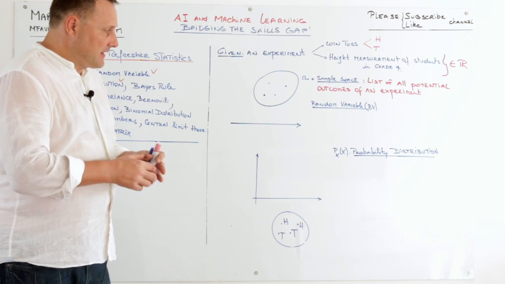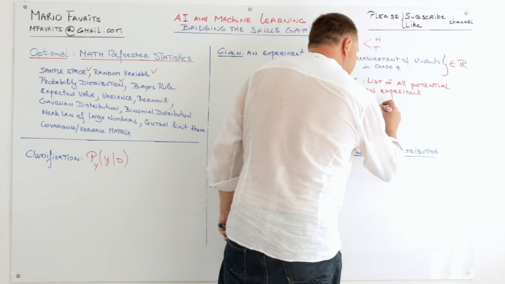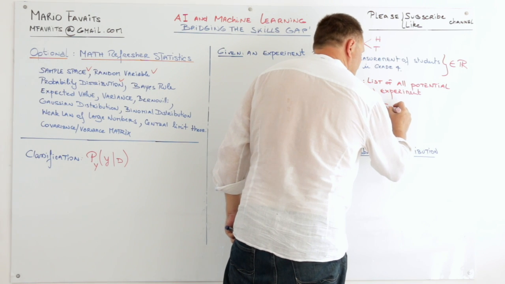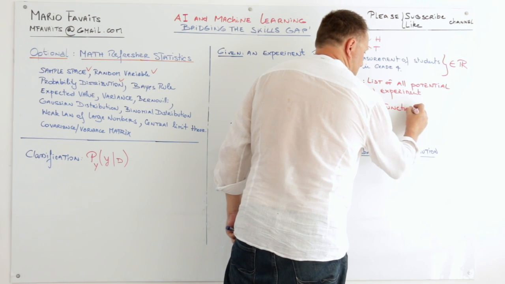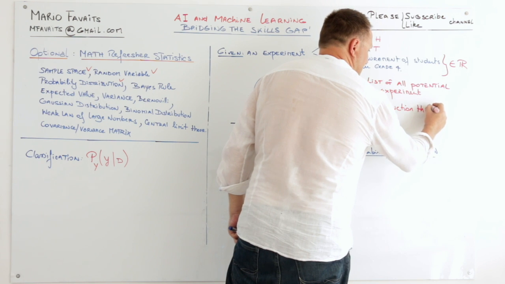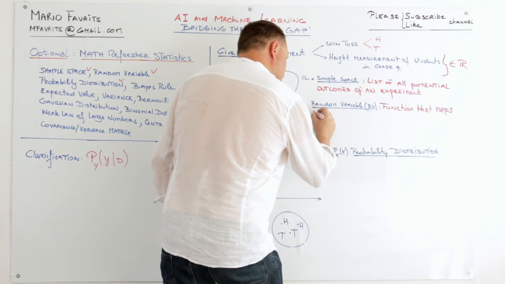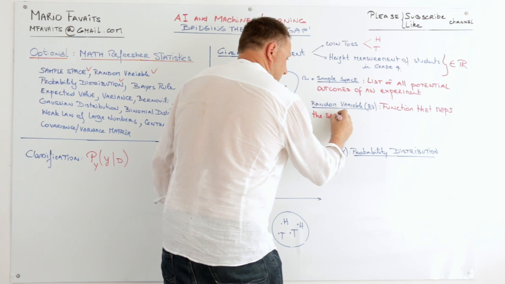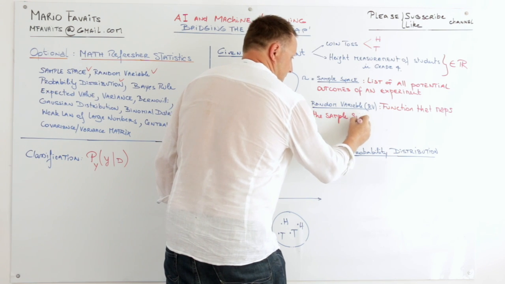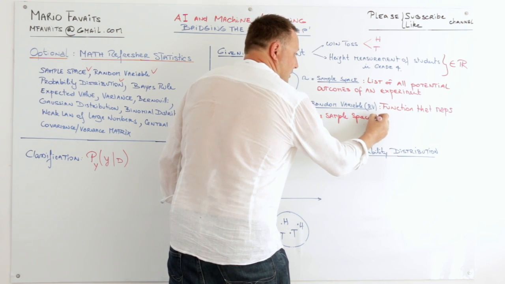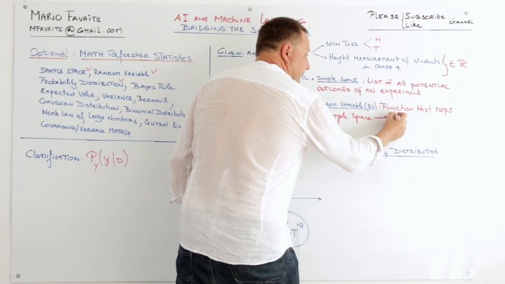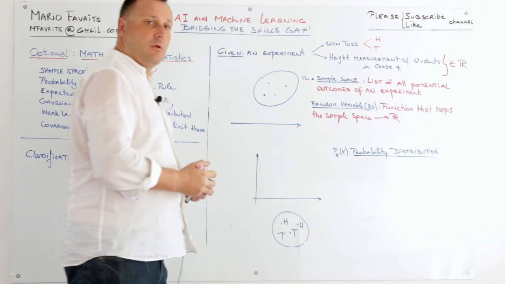Now, what's a random variable? Well, a random variable is a function that maps the sample space to R, all the real numbers.